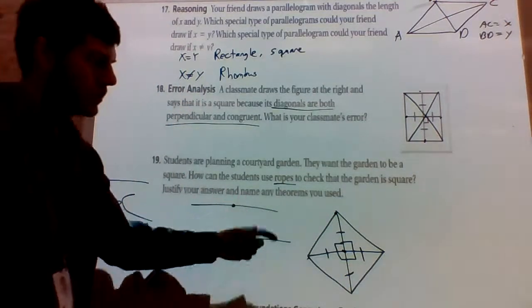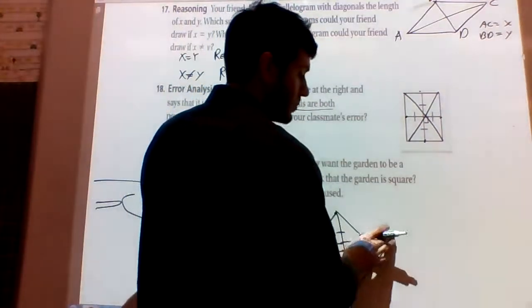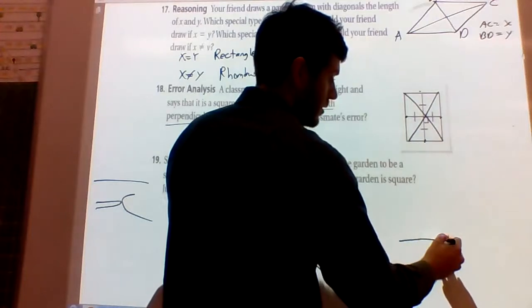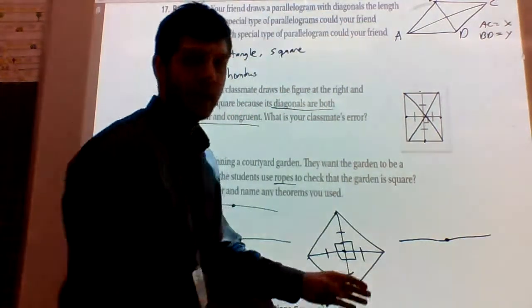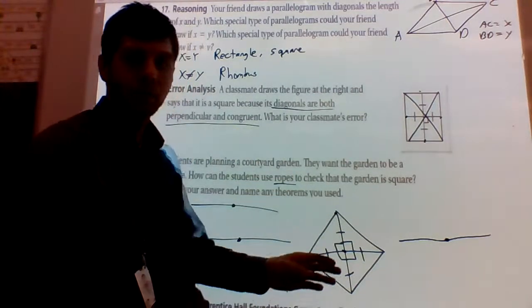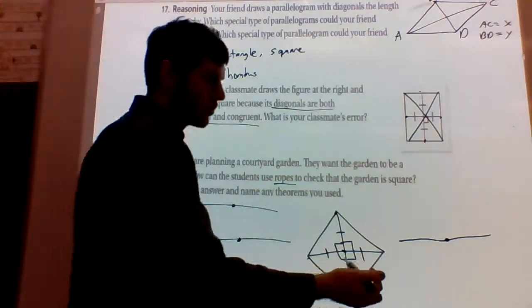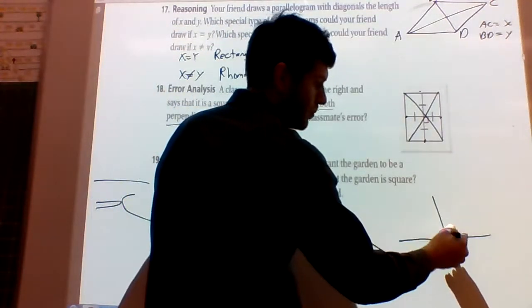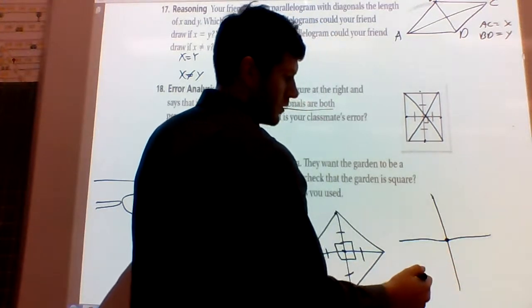Right, so how we're going to do it is we're going to take two strings, or one. There's probably many ways we could do this, but one way is we take two strings, we fold them in half, right? Fold the string in half, and then hold that midpoint. Take a second rope. These are ropes, not strings. Take a rope, fold in half. Take the middle of the rope and just put them vertically, so perpendicular to each other.